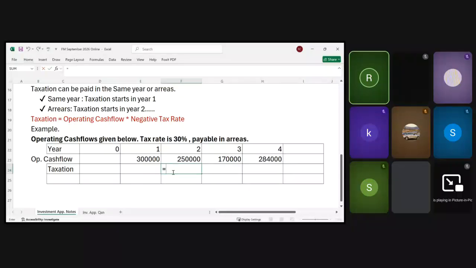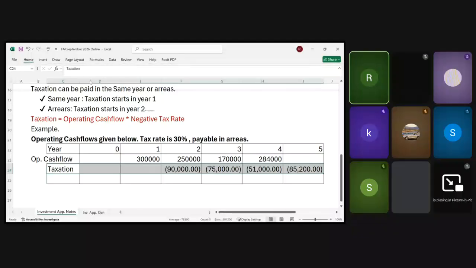I want to pay tax corresponding to year 1, but the payment is done in year 2: minus 30% times the cash flow in year 1, and I drag to year 5. If my tax is in arrears, I add an additional year at the end, which is year 5. This taxation is tax on operating cash flows, and it is negative.